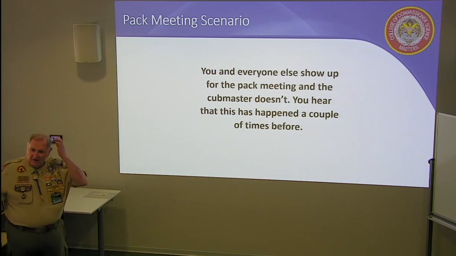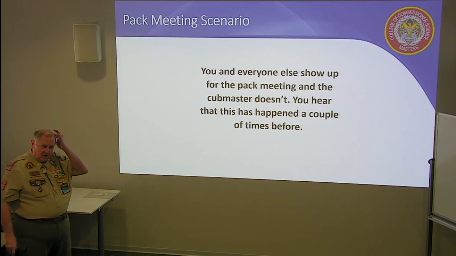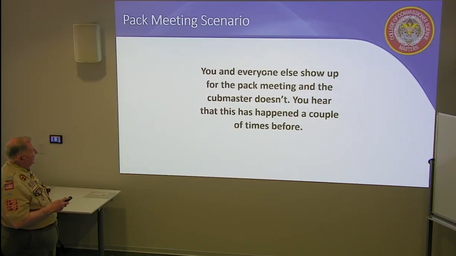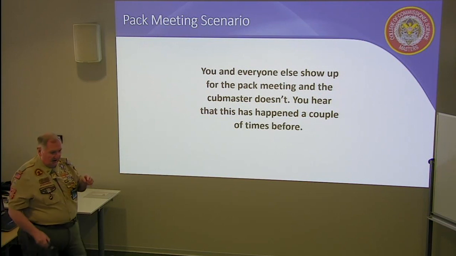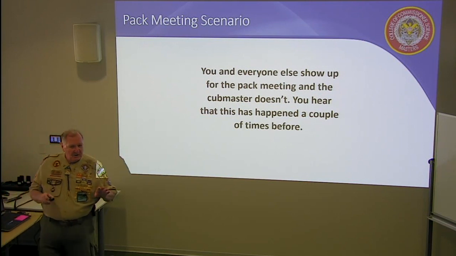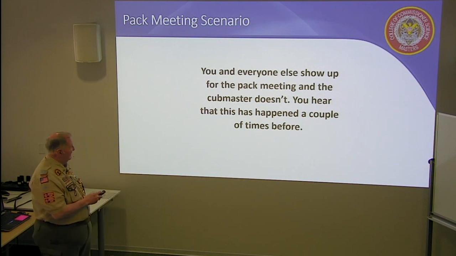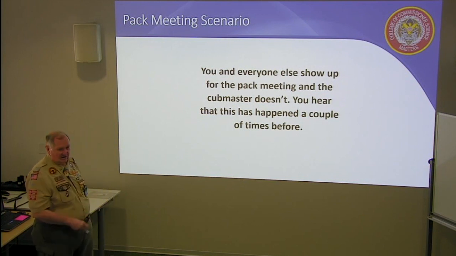Now, let me ask you another question. When we look at this scenario, you and everyone else show up for the PAC meeting and the Cub Master doesn't. You hear that this has happened a couple of times before. Now, who would be the people that you would want to contact to assess the situation?